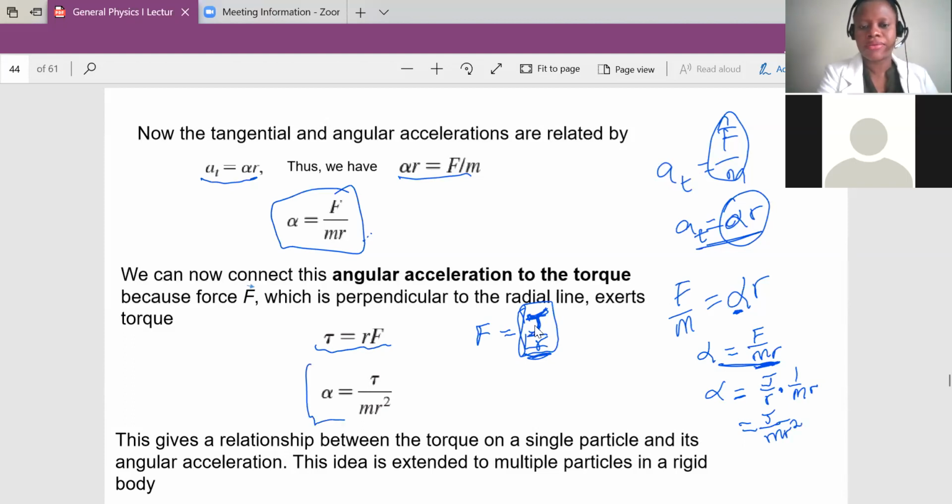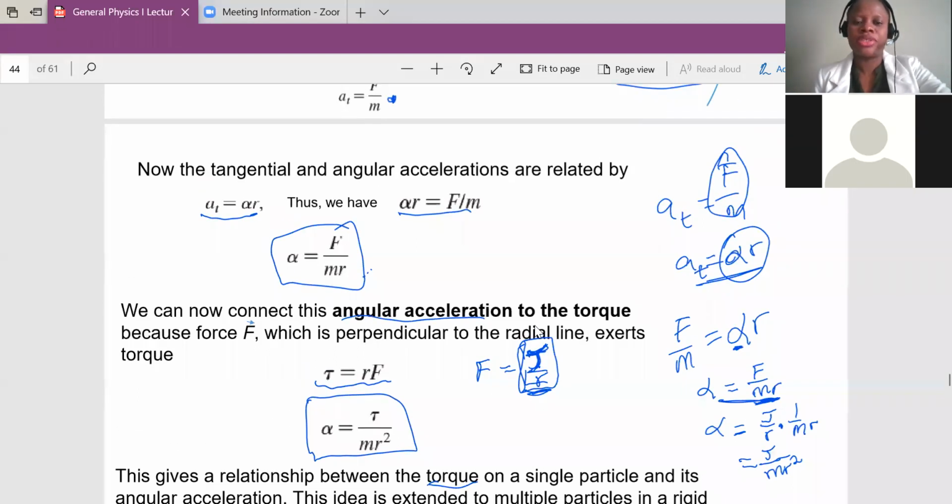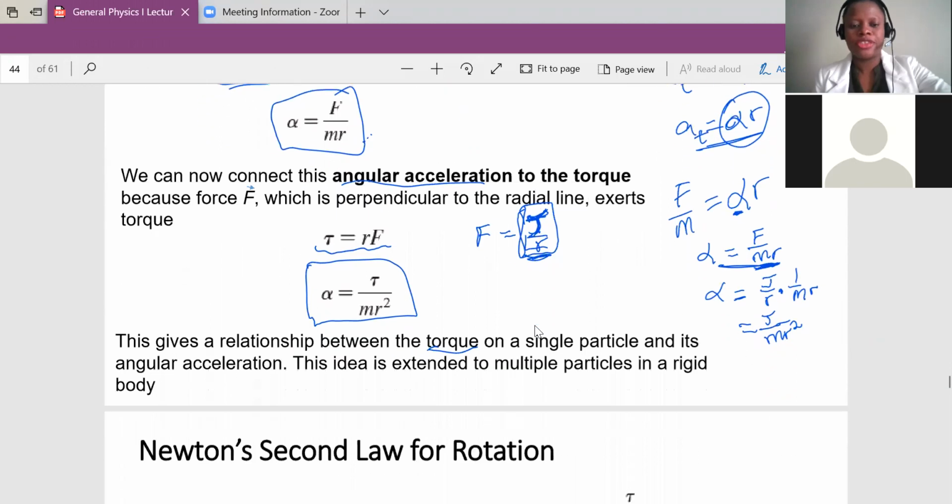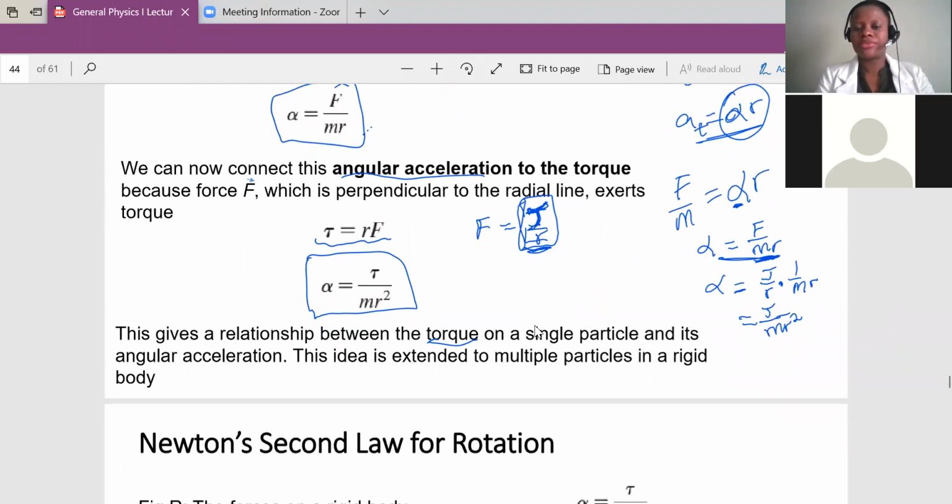So this is how we got the relationship between tau and angular acceleration to be alpha equals tau over mr squared. Remember we started this from Newton's second law, and then we recalled the relationship of tangential acceleration to angular acceleration to bring in our tau. It is this equation that established the relationship for a single particle, as we have seen in the diagram that we started the class with.